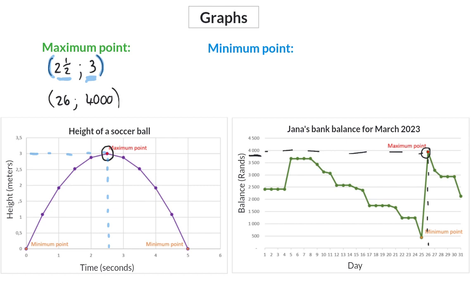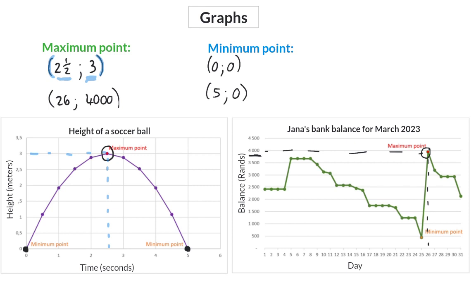Then for both these graphs, we can also identify minimum points. For the soccer ball graph, we have 2 minimum points, at the beginning of the graph and again at the end of the graph, where the ball is on the ground. So here the minimum points will be at a time of 0 along with a height of 0, and then again at a time of 5 seconds with a height of 0.